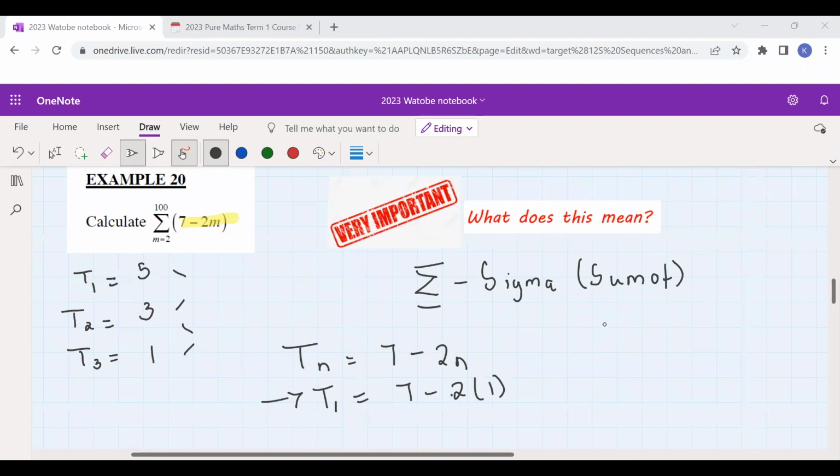We're not talking about compiling or constructing sequences. So the 2 is saying, I want the sum from 2 to 100. So what we are going to do is work out the sum from 1 to 100 using our formula, and then we're going to minus term 1 because we don't want 1. Do you see?